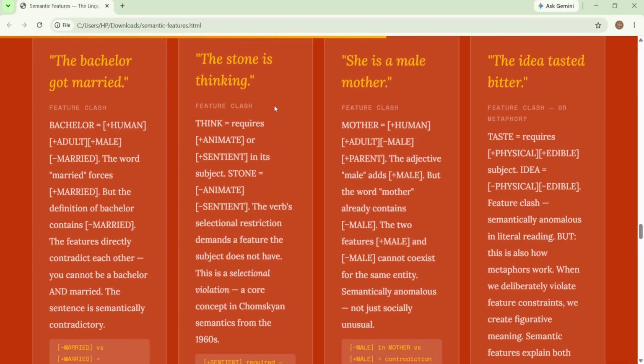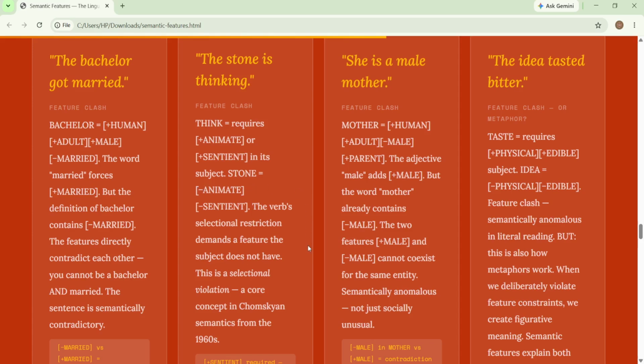So the stone is thinking. Well, this is another semantic contradiction because thinking requires something animate, having sentience, which is emotion, required in its subject, whereas stone is inanimate. Here it shows the negative animate, which is inanimate.